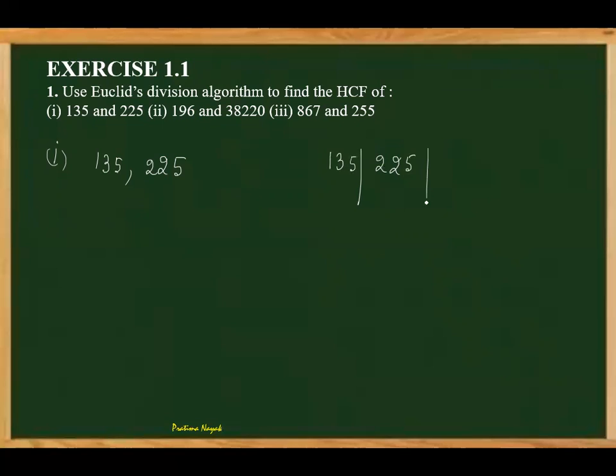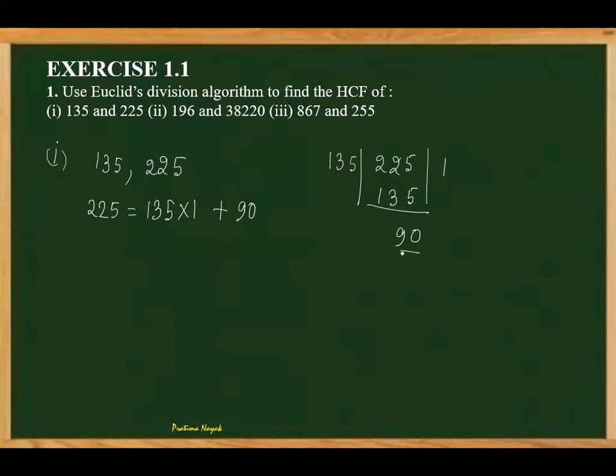How much will I get? Certainly I'll get 135, and the remainder will be 90. I'll write now the step: 225 is equal to 135 into 1 plus 90.